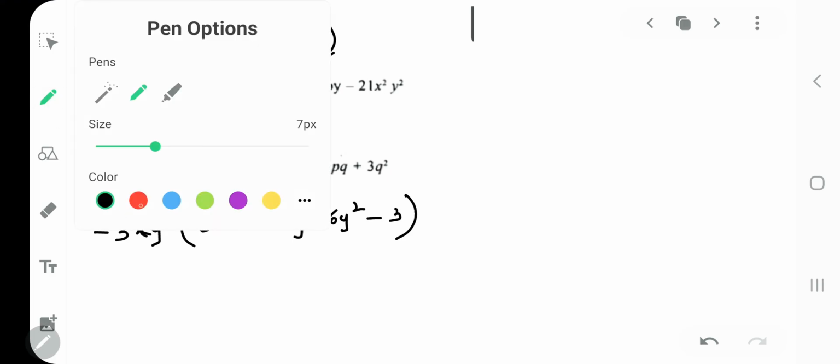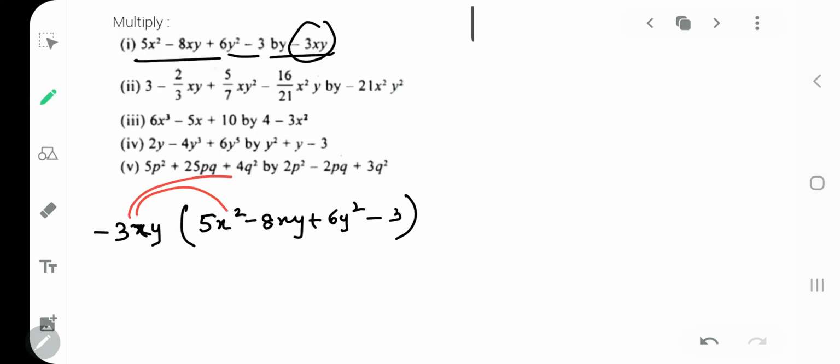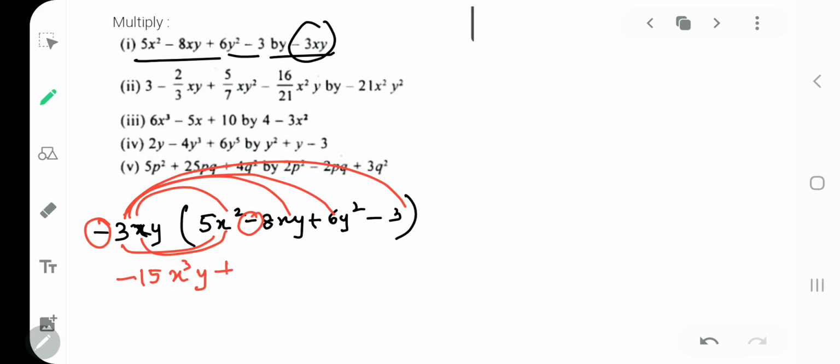This minus 3xy will be with 5x square, with minus 8xy, with plus 6y square, and with minus 3. Let's start. 5 3s are 15, minus 15, x into x square, x cube, and y. Again, be very sure, minus minus will become plus. 3 8s are 24, x into x, x square, y into y, y square.